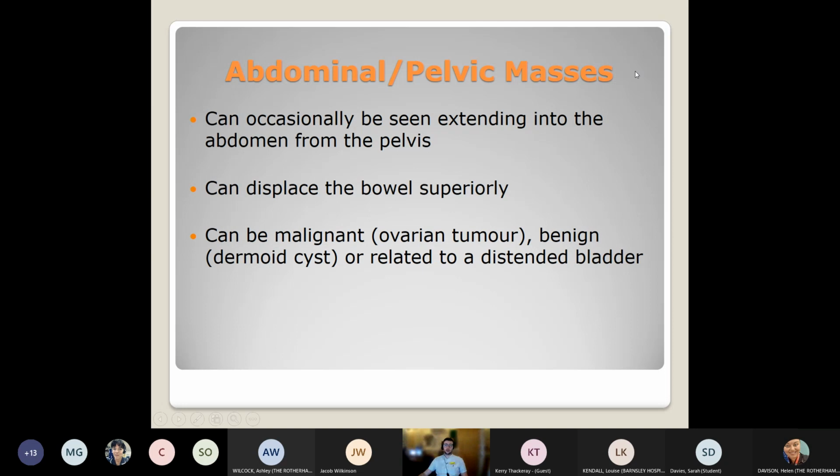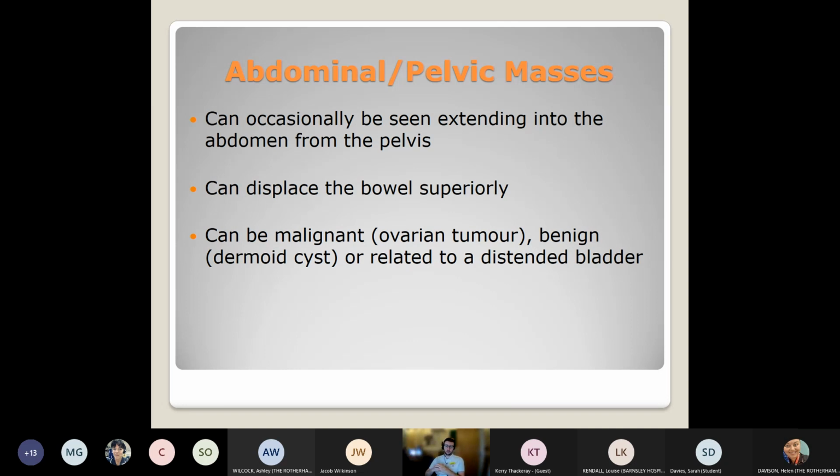You can get all sorts of masses in the abdomen. A lot of them are usually arising from the pelvis, things like ovarian tumours. You can get benign tumours called dermoid tumours or dermoid cysts. Teratomas are interesting ones, where you get tumours of different cellular structures within a tumour, and they can actually grow things like teeth, hair, even eyes, confined to one tumour.